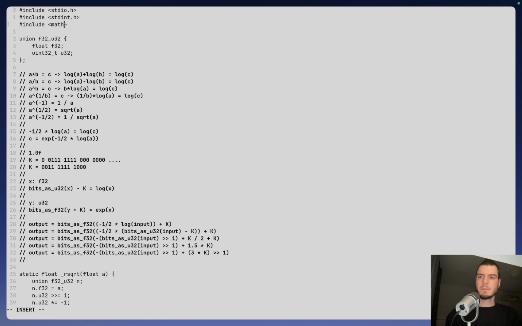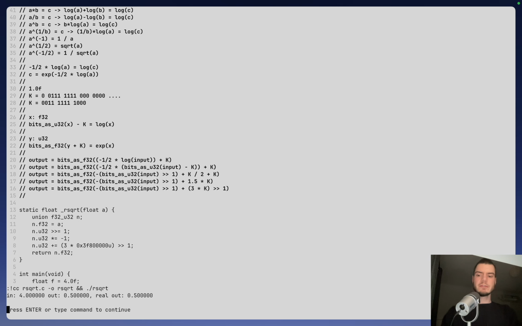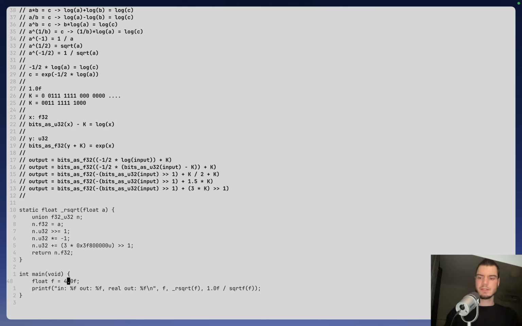Include math.h, and we get the same result. 0.5 for both. Okay, let's try 9. We should get a value that's very close to 0.333. And our real inverse square root does do that, but our inverse square root gives us a slightly higher value.